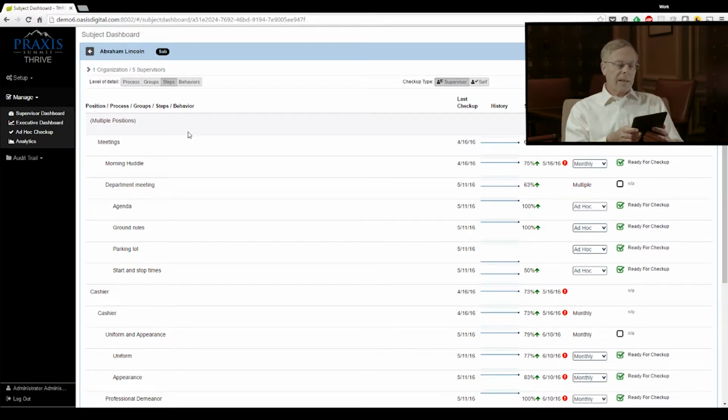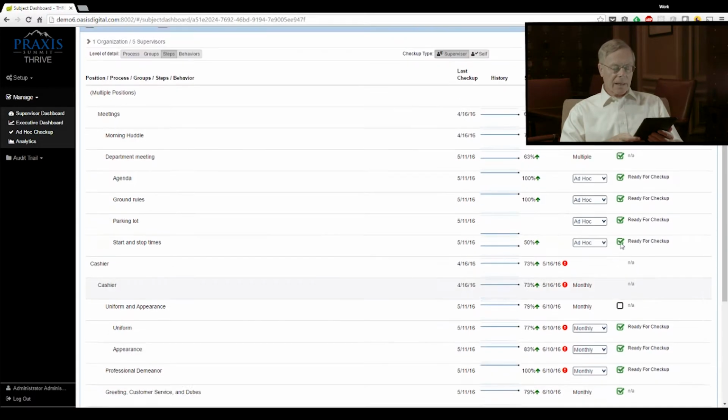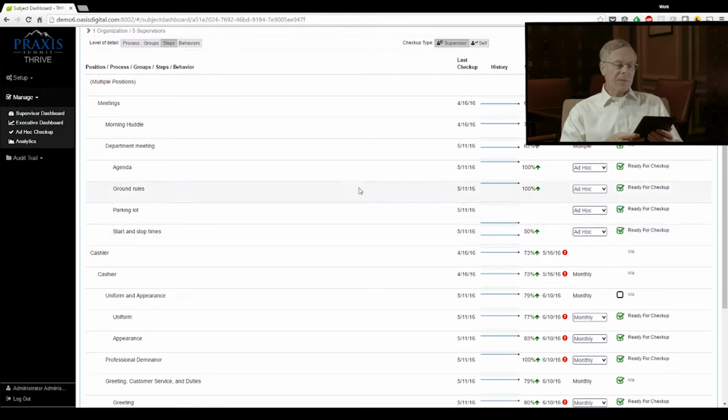The supervisor simply clicks on a little box to put the different processes on that they want to do a checkup, or they can go down as low as just steps they want to check up. Very often they just have a minute or two, so they just want to use that. And then they start the checkup process.